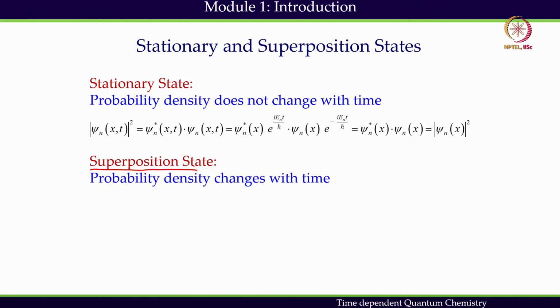If we want to describe the motion of a quantum particle, we have to describe it not by a particular solution. So, we have expressed that the particle is staying in this state.